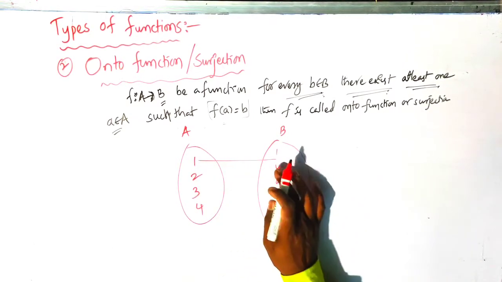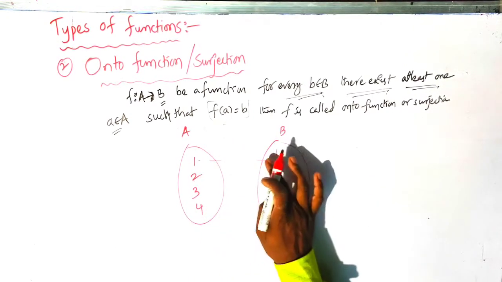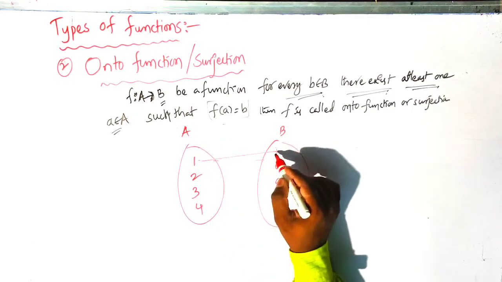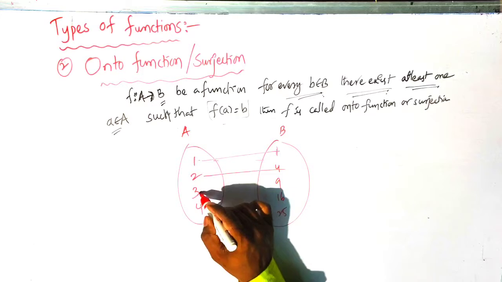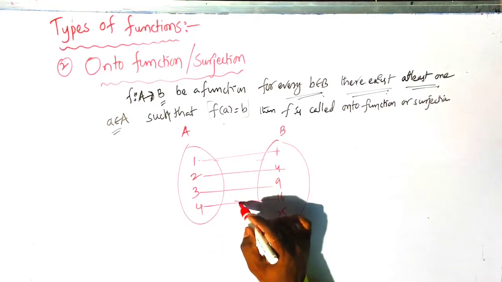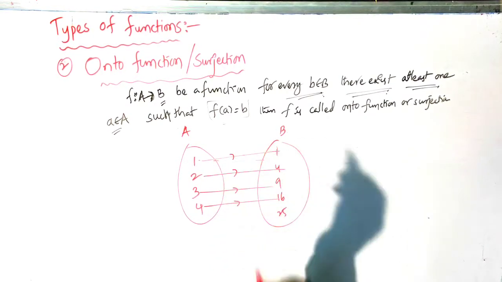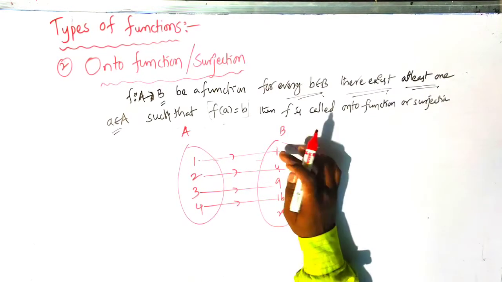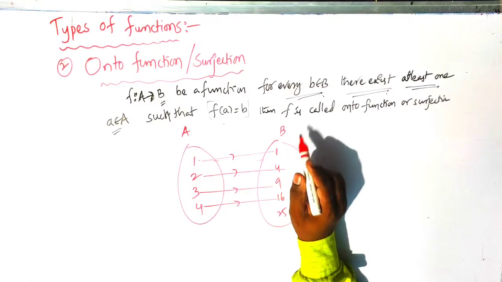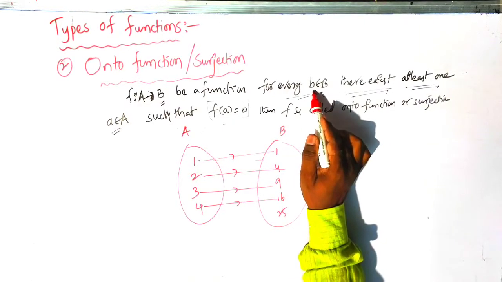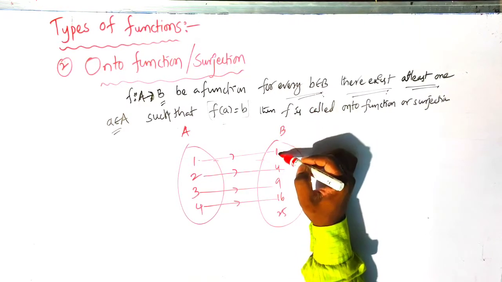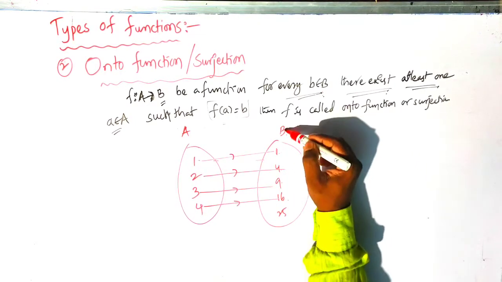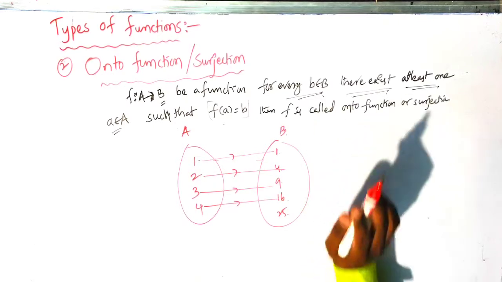So 1 to 1 we written, 2 to 4, 3 to 9 and 4 to 16. Suppose we take this example. So for every b belongs to B, ప్రతి b belongs to B, 1 belongs to B, 4 belongs to B, 9 belongs to B, 16 belongs to B, 25 also belongs to B.